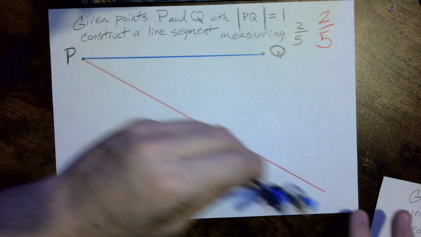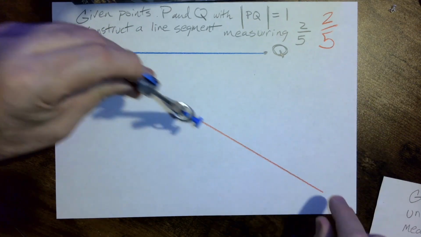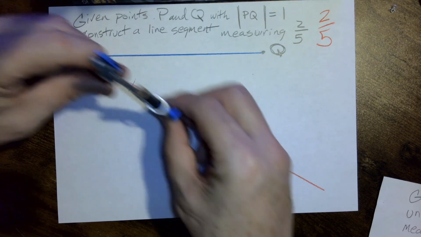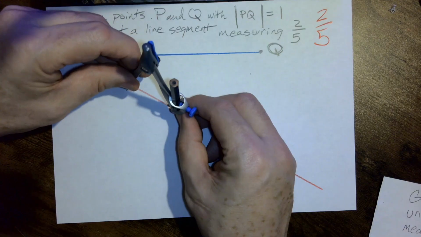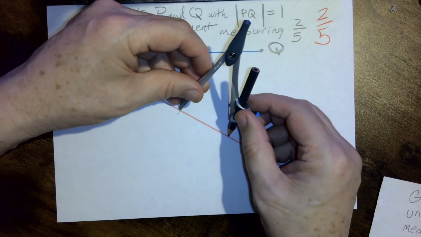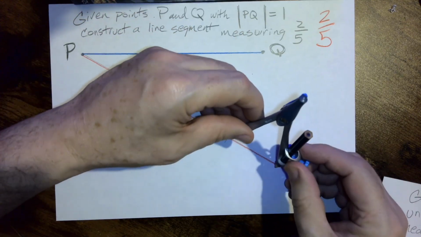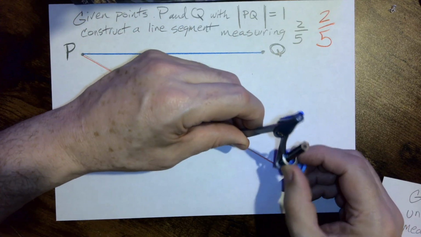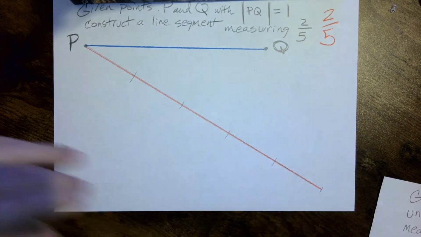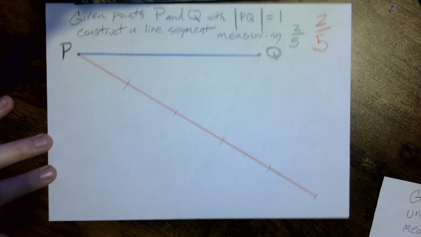You just don't want to run out of paper. Denominator is 5, so I'm going to put 5 of these marks, equidistant points from each other here. 1, 2, there's a 3rd point, here's a 4th, and there is a 5th. Oh, I went right to the end of it. Just like that.